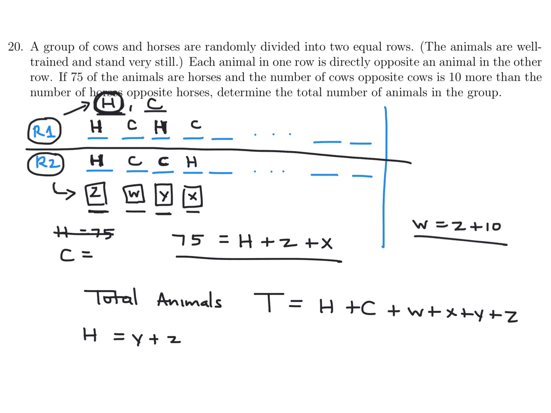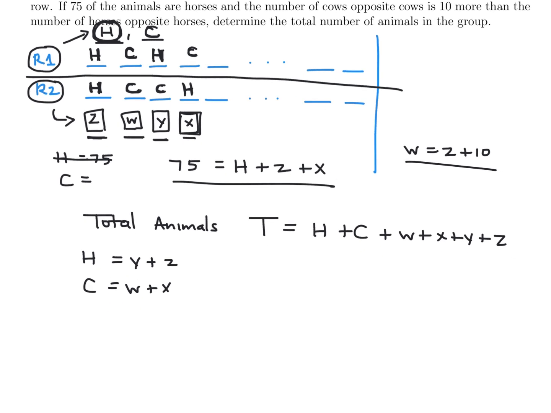And similarly, C denotes the number of cows in row 1, and the number of cows opposite a cow in row 2 is W, and the number of horses opposite a cow is X. So that means that C is equal to W plus X, since it matches. Okay, I think that would do it.